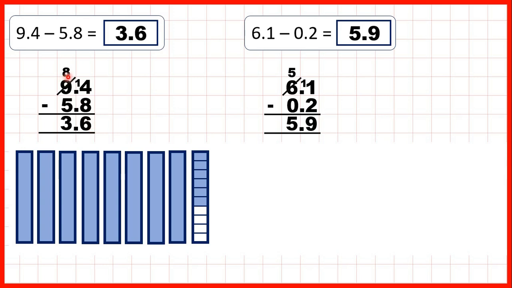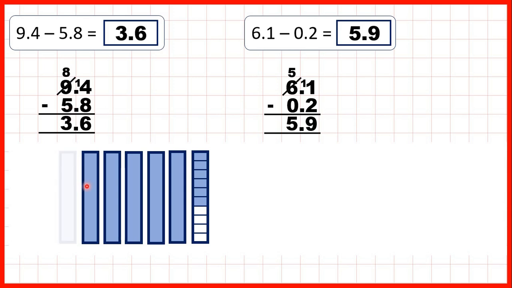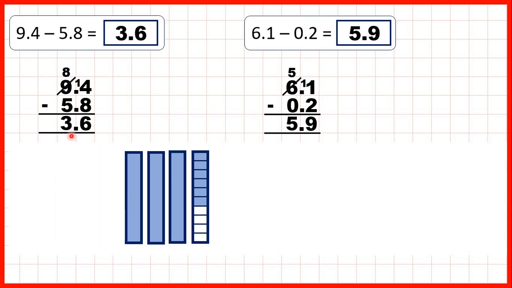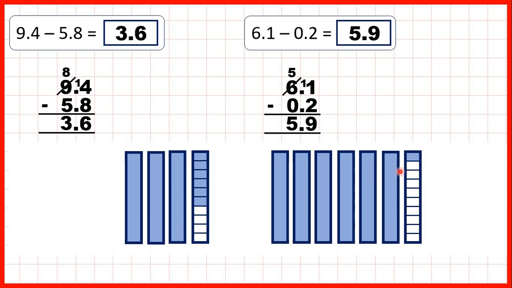Then we moved on to the ones column, so we had 8 minus 5. If we take away 1, 2, 3, 4, 5 wholes, that leaves us with 3 wholes and 6 tenths, so 3.6. Then, for this question, we started with 6.1, so that's 6 wholes and 1 tenth, and we needed to take 2 tenths away.